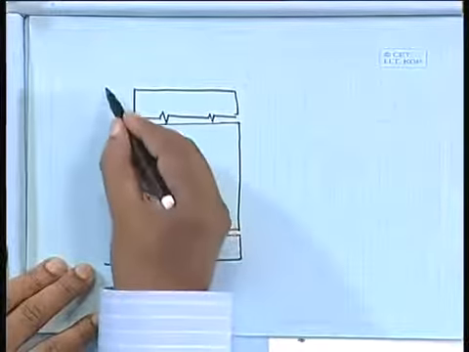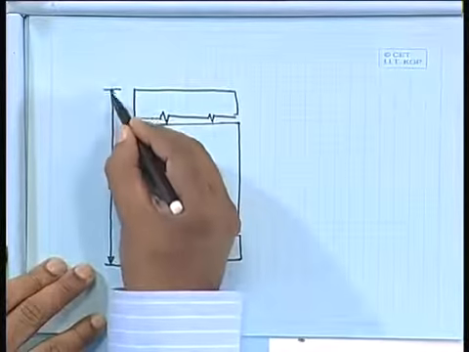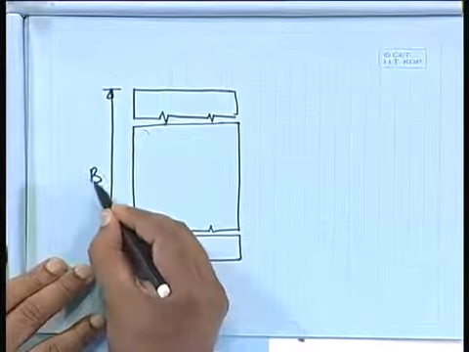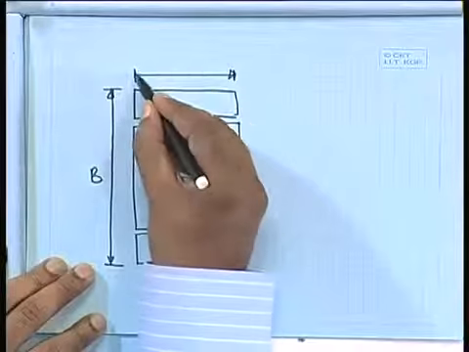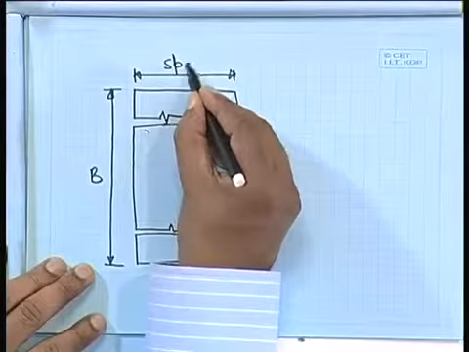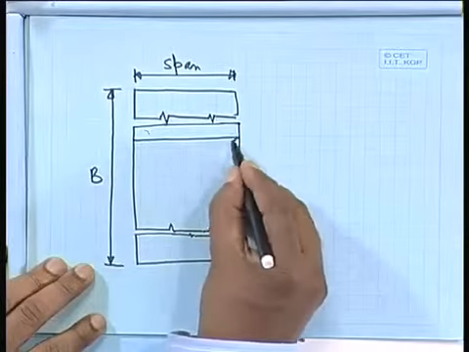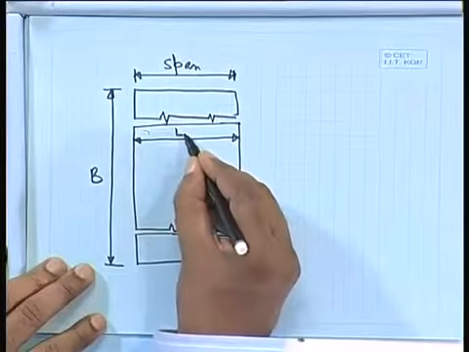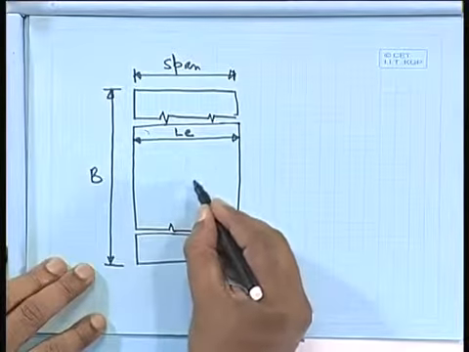If we take this length, say B, and this is your span, let us say this is your LE, that is the effective span, and we have a certain impression here.